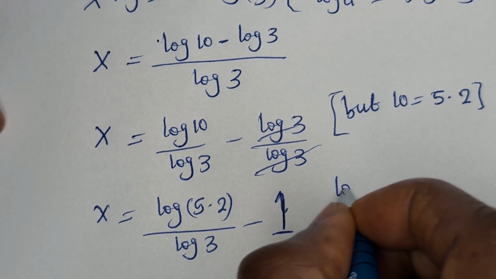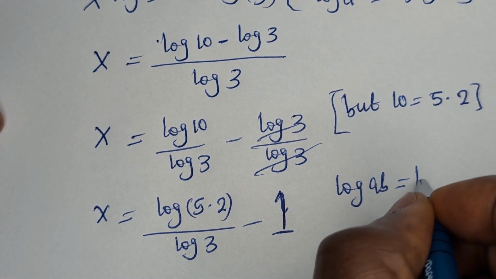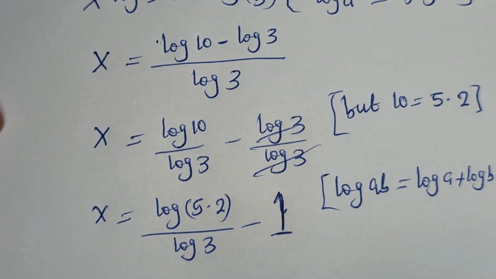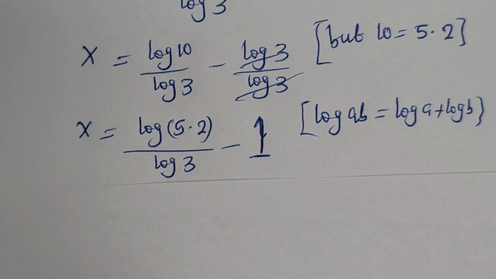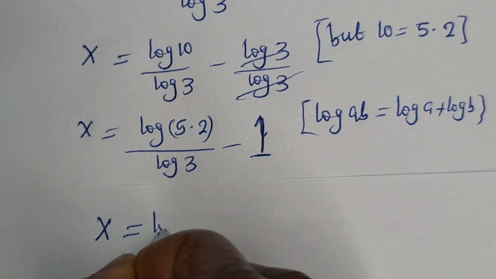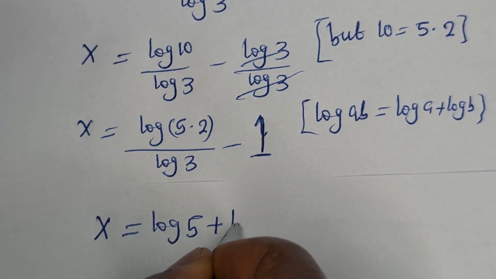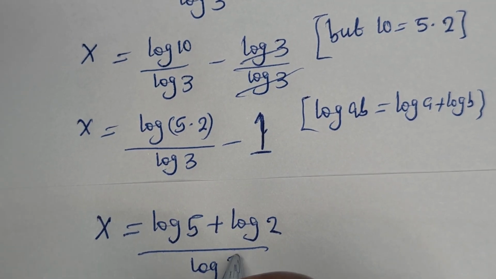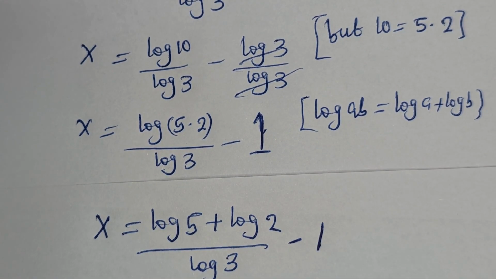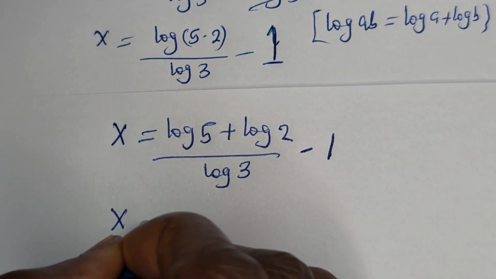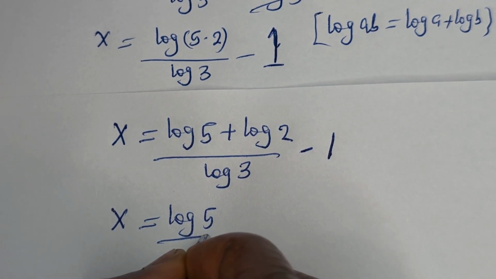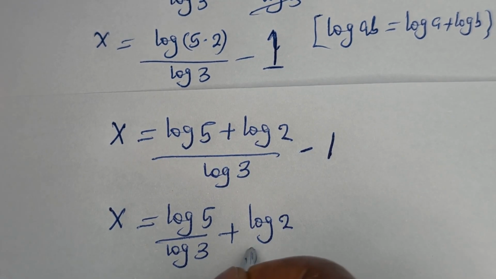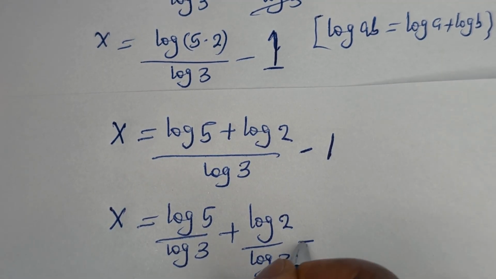Then if you have log AB is equal to log A plus log B, s is equal to log 5 plus log 2 over log 3 minus 1. s is equal to log 5 over log 3 plus log 2 over log 3 minus 1.